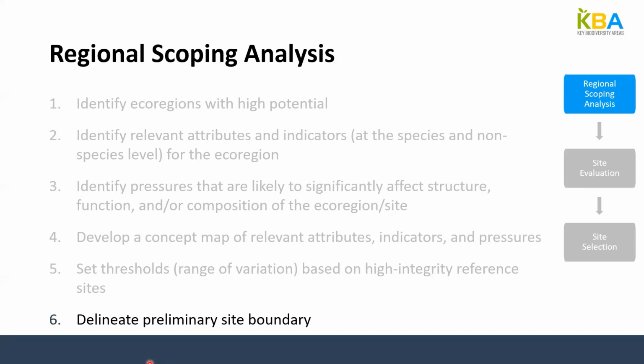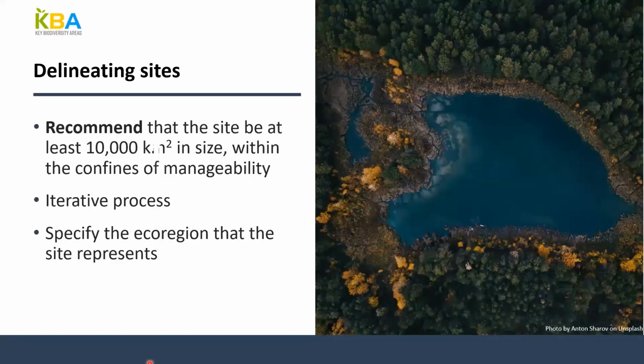But actually, I just realized we do have one slide on how to actually delineate a site boundary. So ideally, Criterion C sites are recommended to be at least 10,000 square kilometers in size. But we do understand that this may not always be feasible, and sometimes it's not even necessary.